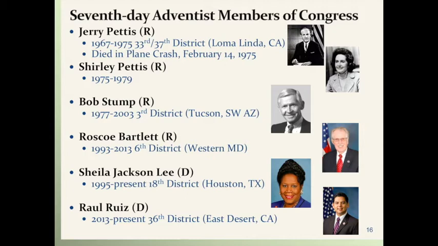The next congressman was in 1977, and he's out of Tucson, Arizona, Bob Stump. And then the next one was from 1993 to 2003, and this is Roscoe Bartlett. I've gotten to meet Roscoe.